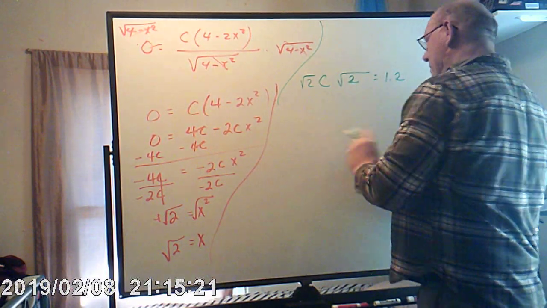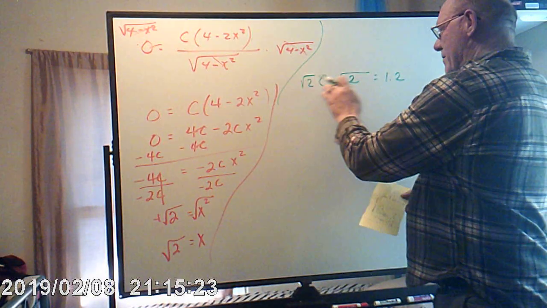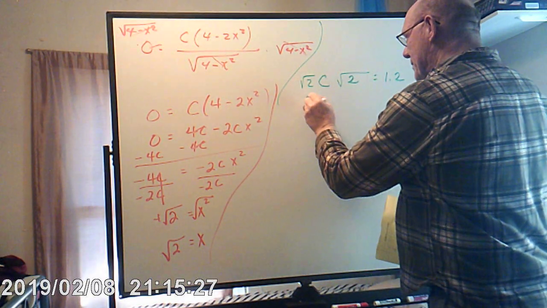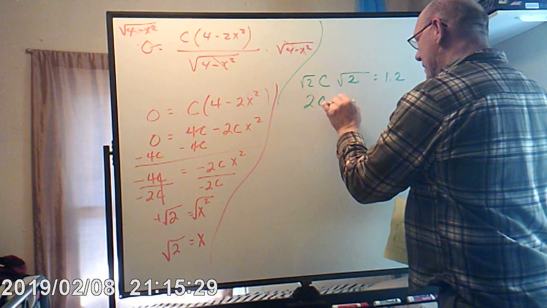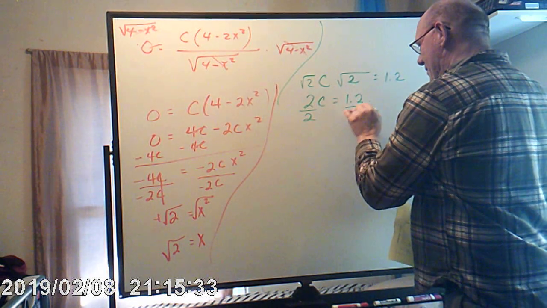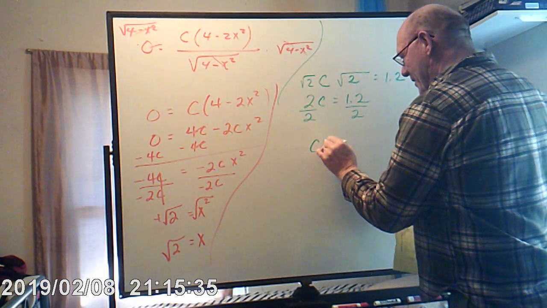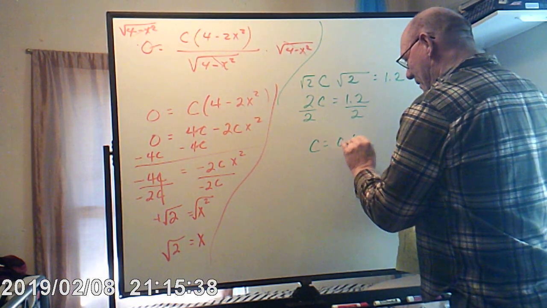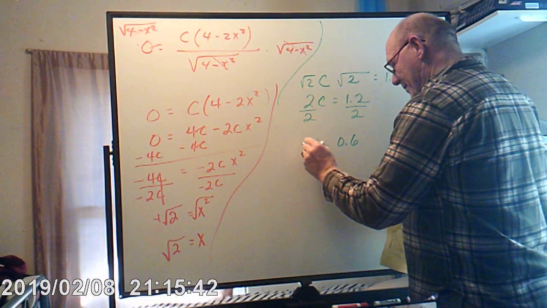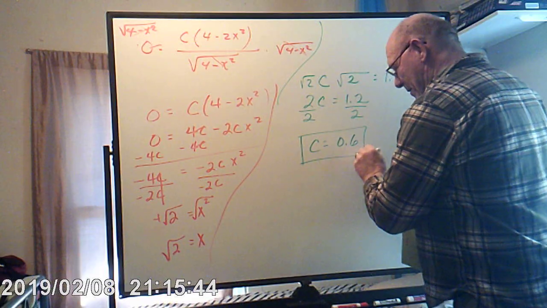All right, I wrote it the other way. Well, the square root of 2 times the square root of 2 is the square root of 4, which is 2. So 2c is equal to 1.2, and now when we divide by 2 here, c is equal to 0.6. And that's your constant there for this.